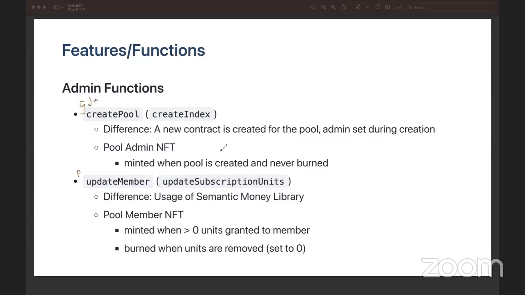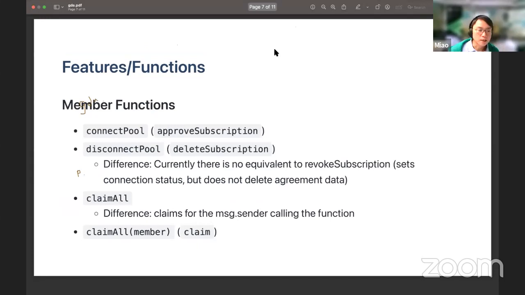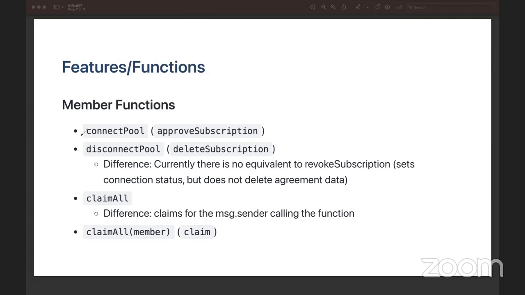I'll just put P anyway. I guess I wouldn't call it the admin function by that point, right? So it's really the initial function, let's call it, but we can fix it later. Yeah, that's true. And then this is P. So these two functions are on GDA and these two are on the pool.